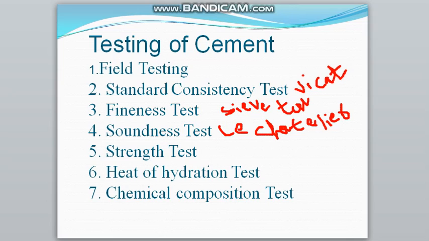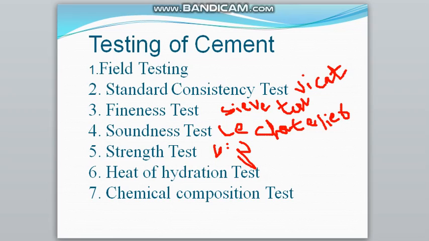We'll discuss the tensile strength of cement, that is the strength test. This test is carried out using a cement mortar briquette in a tensile testing machine. A 1 is to 3 cement sand mortar with the water content of 8% is mixed and molded into briquettes in the mold.